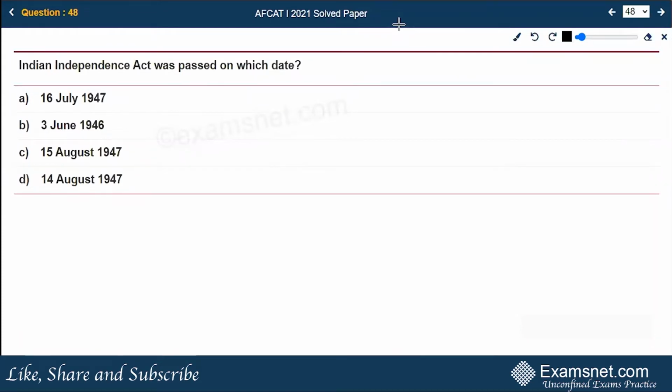Question number 48. Indian Independence Act was passed on which date? Is it July 16, 1947, 3 June 1946, 15 August 1947, or 14 August 1947? The Indian Independence Bill was introduced in the British Parliament on July 3, 1947, which was passed on July 16, 1947.